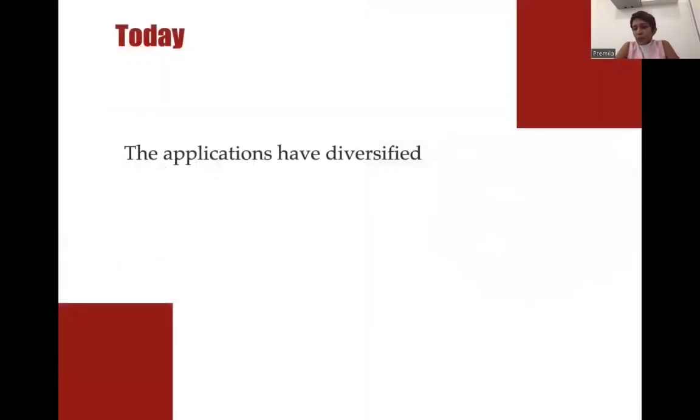Now, in today's world, the application of multisensory environments is kind of diversified, right?